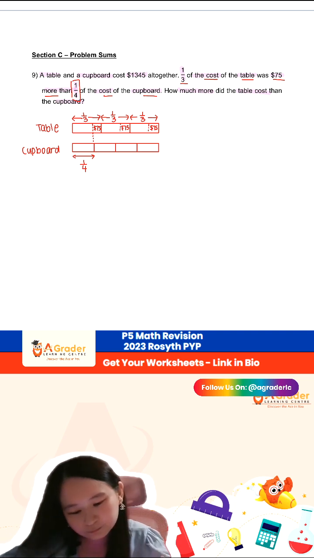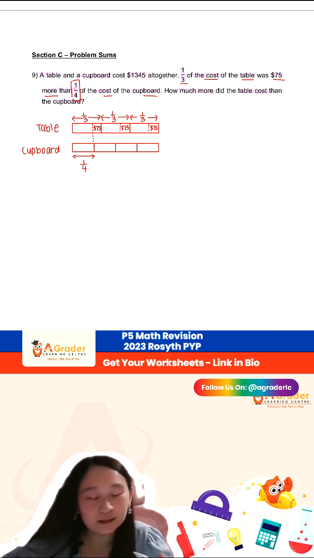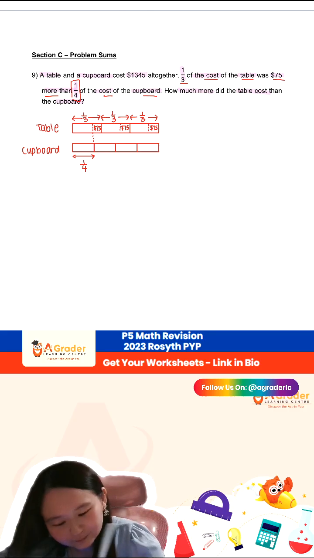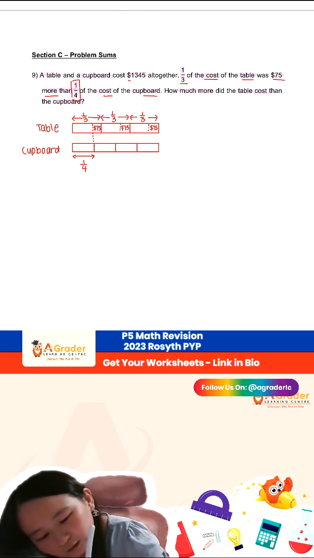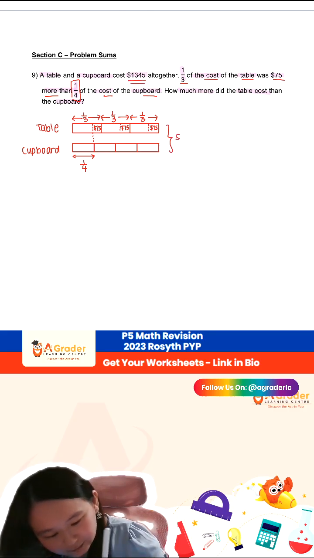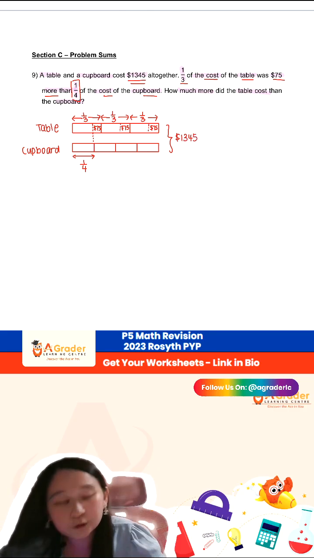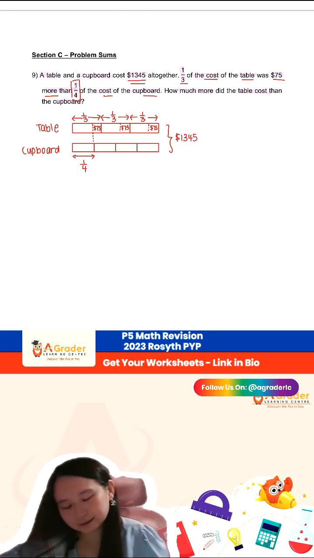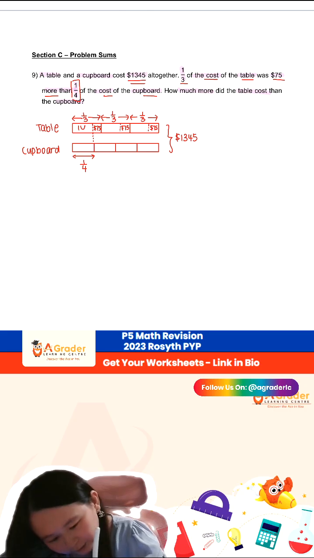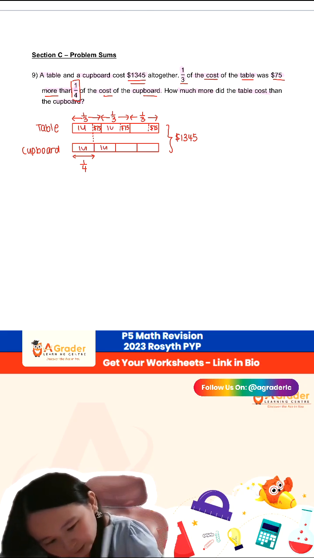Definitely not drawn to scale, yeah? And then you know the total cost is $1,345. Okay, so this is my 1 unit, 1 unit, 1 unit, 1 unit, 1 unit, 1 unit, 1 unit.